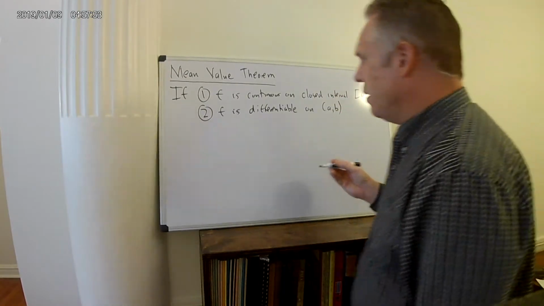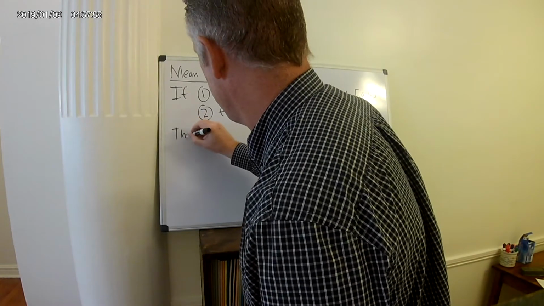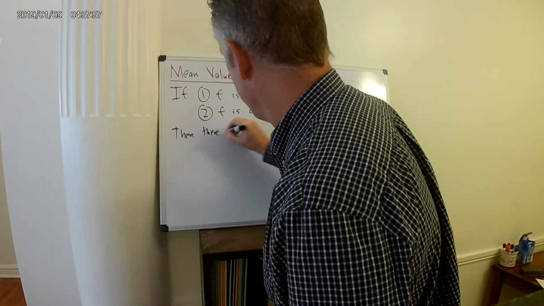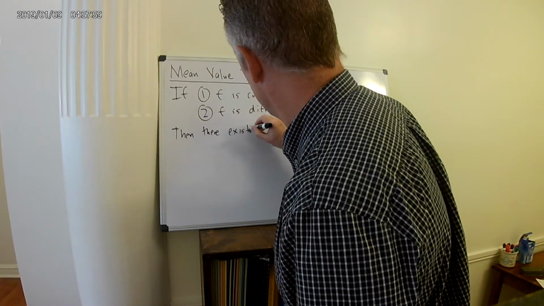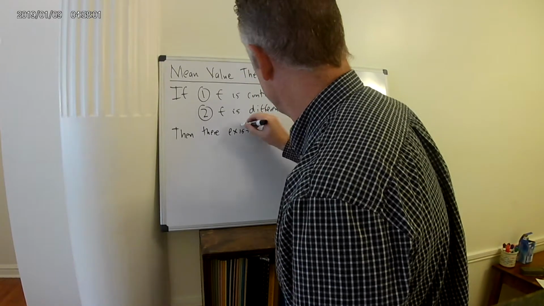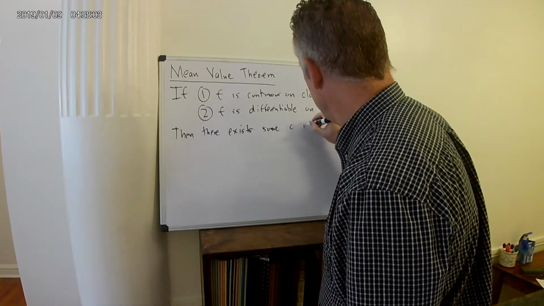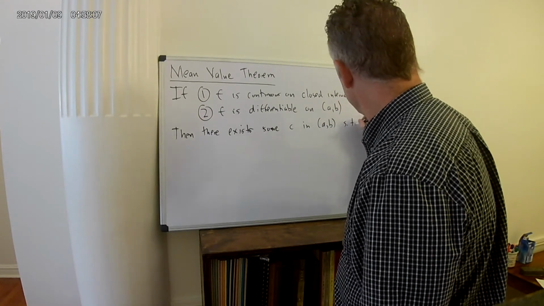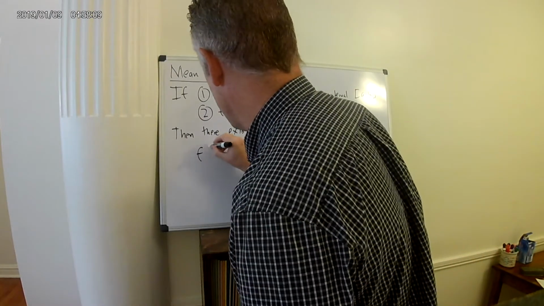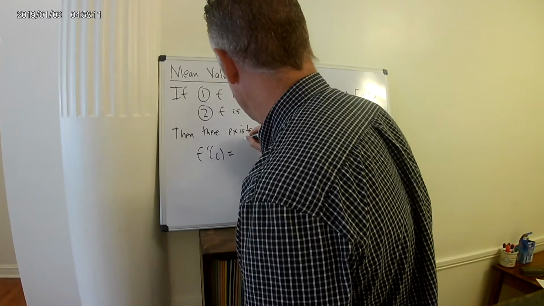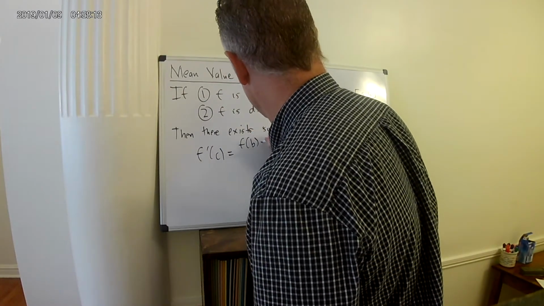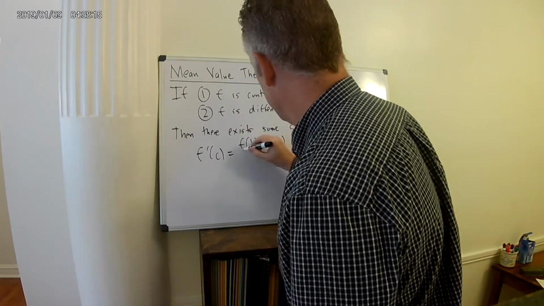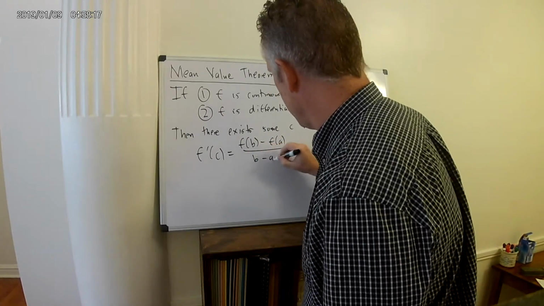Okay. Then there exists some c in the open interval AB such that f prime of c equals f of b minus f of a over b minus a.